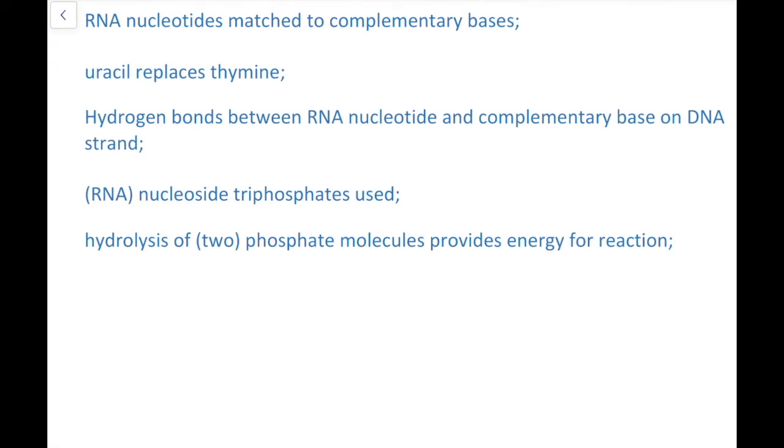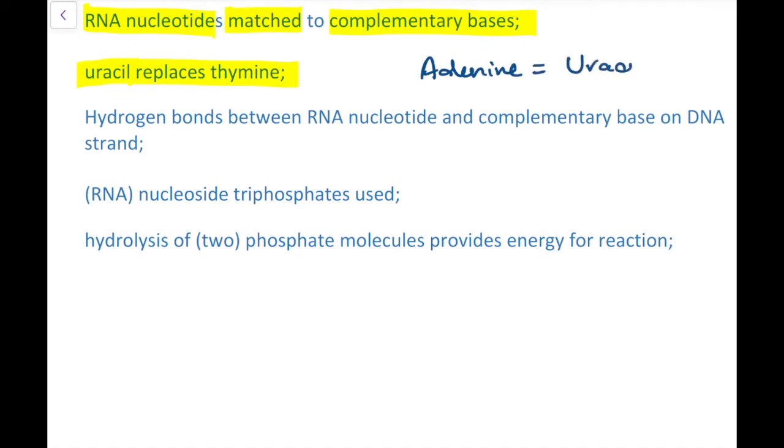So here's our summary of that. RNA nucleotides are matched to their complementary bases. So adenine now is paired with uracil because it replaces thymine. So we would get an adenine to uracil bond.